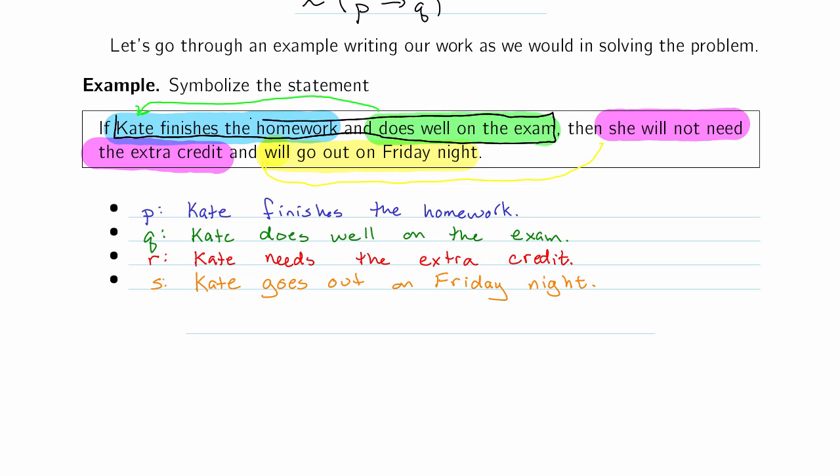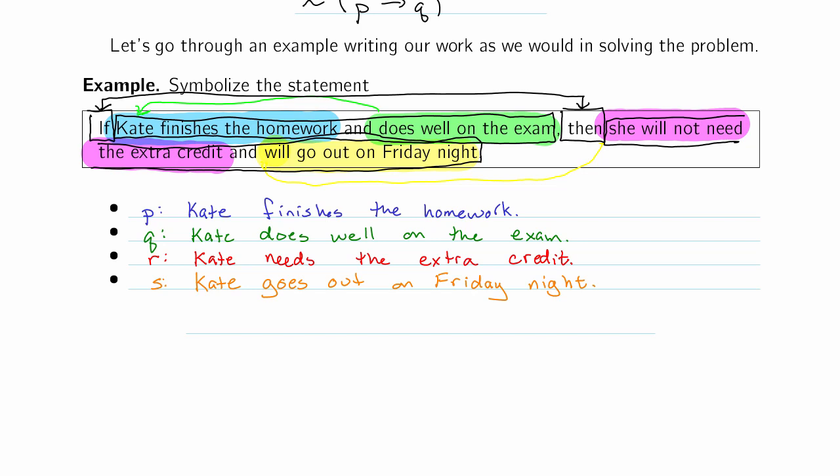It's combined like this. And she will not need the extra credit, and she will go out on Friday night. That has that same grammatical connection. That's also a unit. So what's left is this if-then.